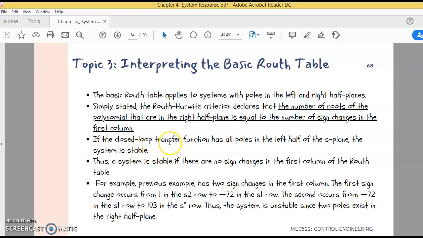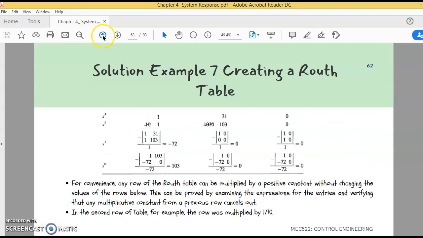Okay. If the closed loop transfer function has all poles in the left half of the S-plane, the system is stable. Okay, macam mana dia stable? Kalau dia stable, dia semua pole belah kiri. Okay, so kalau kat sini, kalau awak calculate ni, B1, C1, dia tak ada changes. So, kalau semua kat sini positif, so maksudnya dia adalah stable.